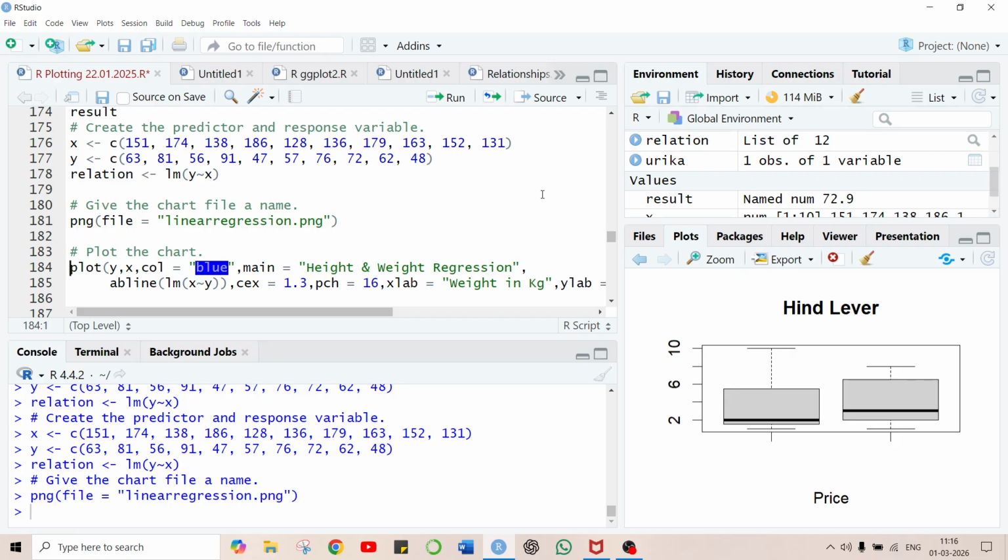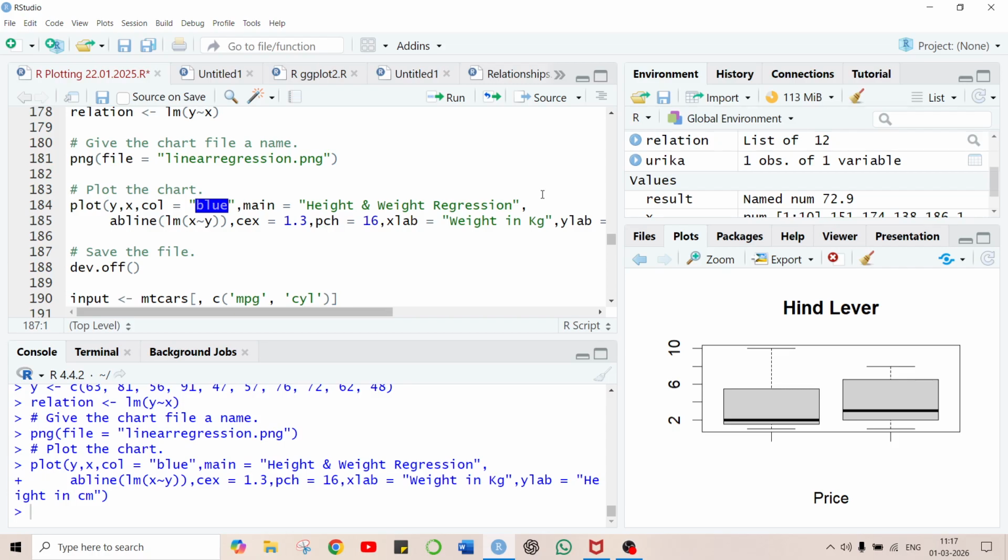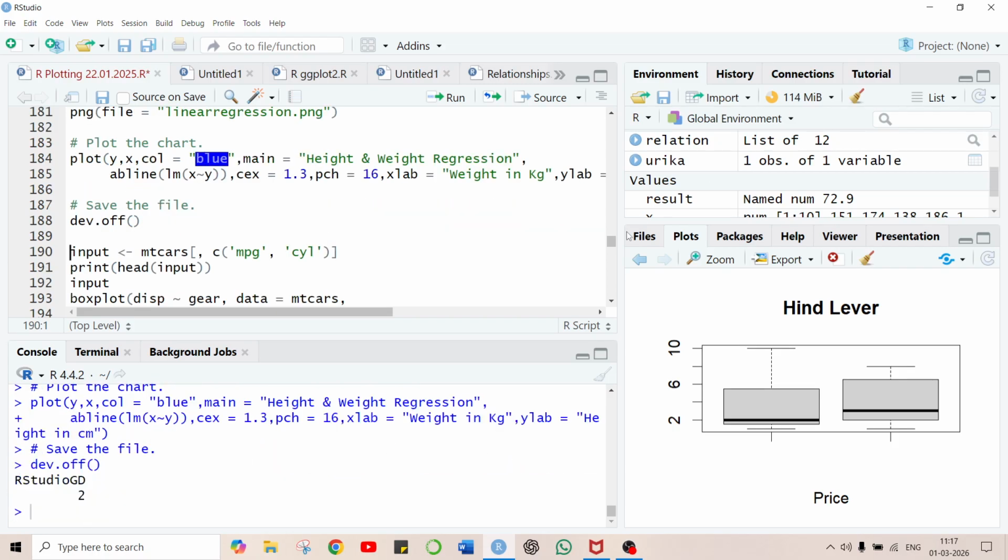The abline is the relationship line, and cex is the point size. pch is the point character, which is 16. X axis is weight in kg, Y axis is height in centimeters. Then I will do dev.off.